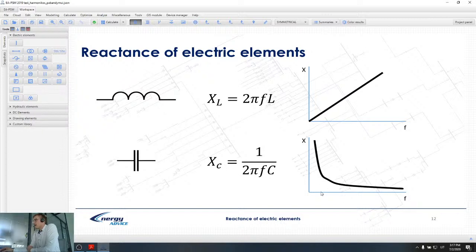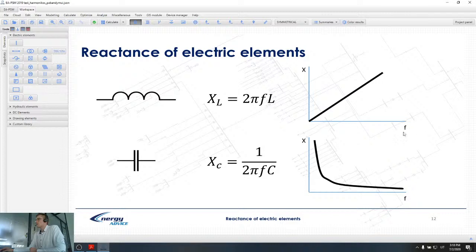So if we have 50 Hz, we can see that the capacitor has the biggest reactance for this frequency, and if our frequency is getting smaller, our reactance is also getting smaller. So basically there are two main types of elements, and they react to harmonics in different ways.